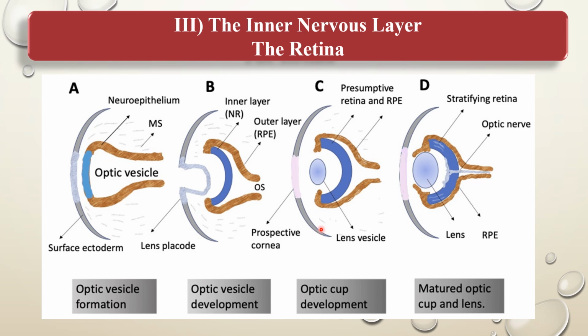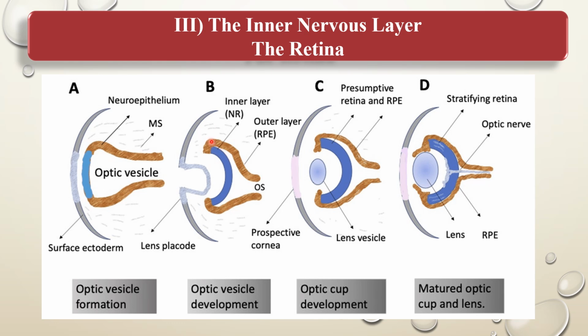Developmentally, the retina is formed as a downgrowth of the forebrain ectoderm, which invaginates to form the optic vesicle. Then invagination of the optic vesicle makes the double-walled optic cup. The outer wall is thin and forms the retinal pigmented epithelium, while the inner wall is thicker and forms the neural retina.